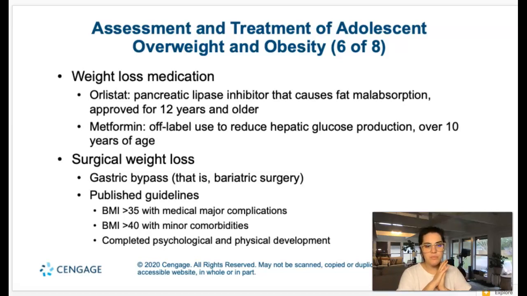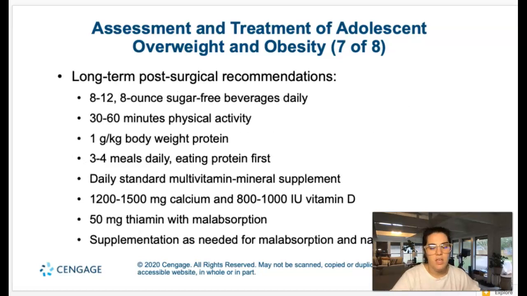So this is kind of similar to the guidelines for adults as well. But again, we want to address those psychological conditions that are associated with overweight and obesity.